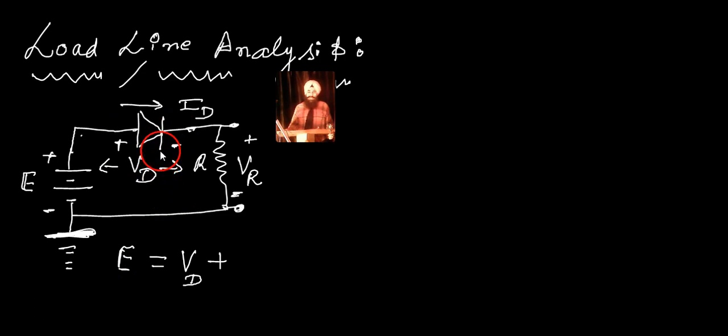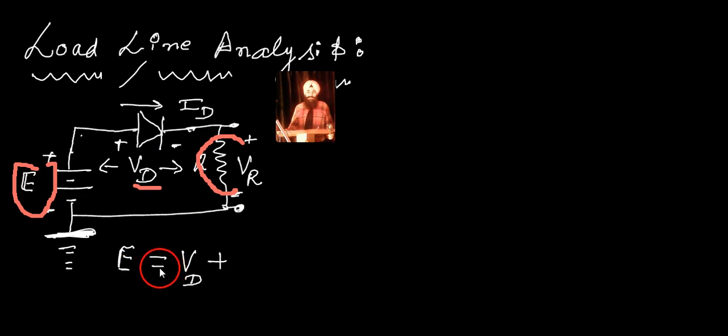The voltage across the diode is VD and the voltage across R is VR. The two voltages are because of the big E. So part of E develops as VD, and part of E becomes VR.